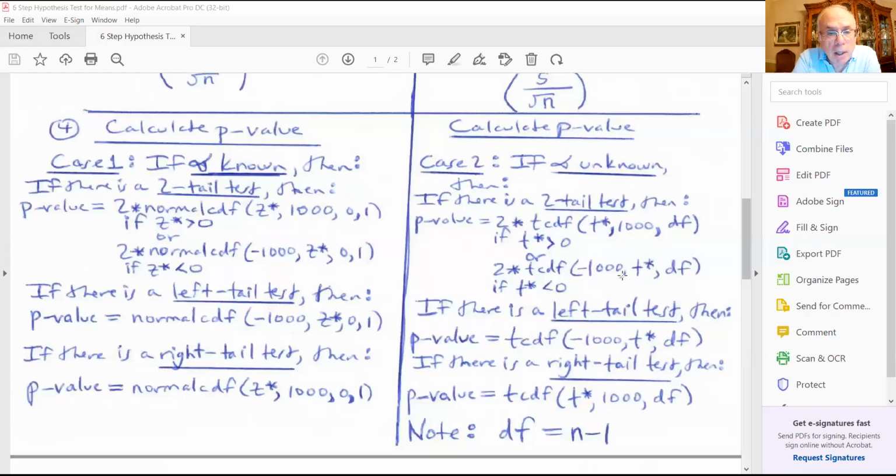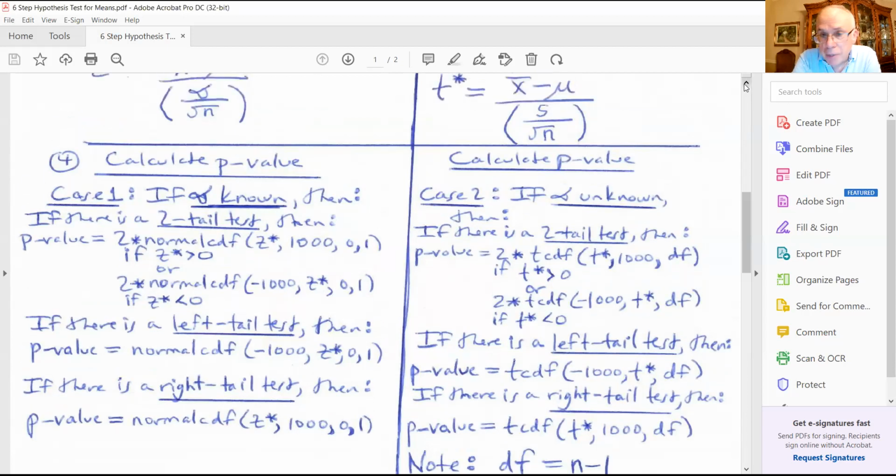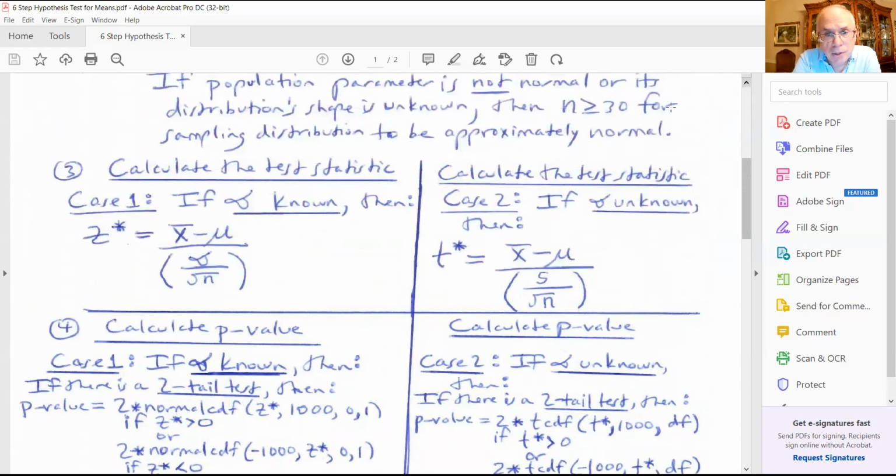Well, again, we have to use the two-tailed test case, and we have to choose one of these two here, depending on whether the t statistic is positive or negative. So let's actually calculate the t statistic. Let's go back to the calculator.